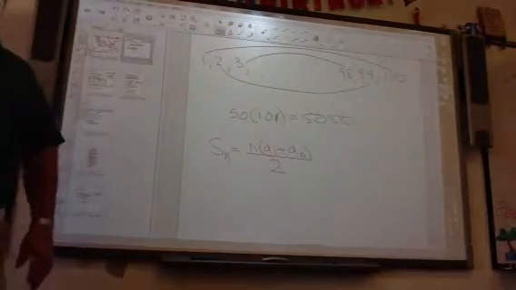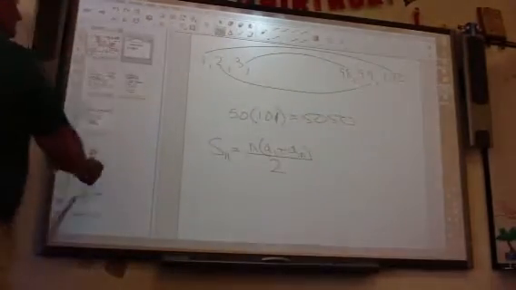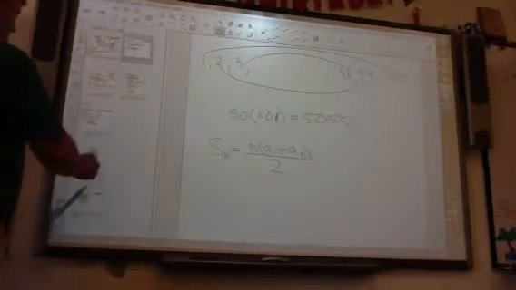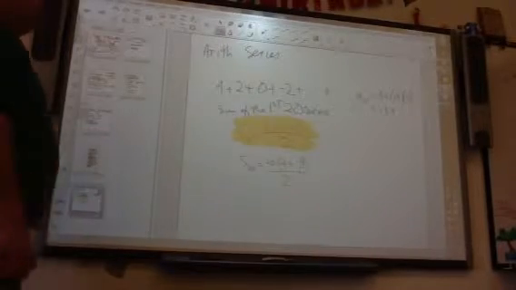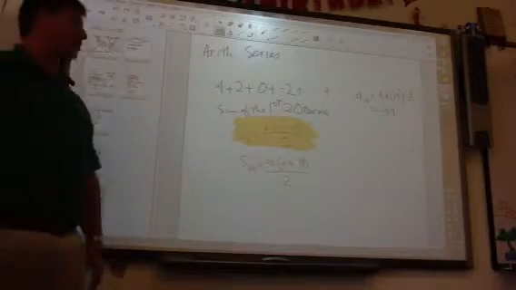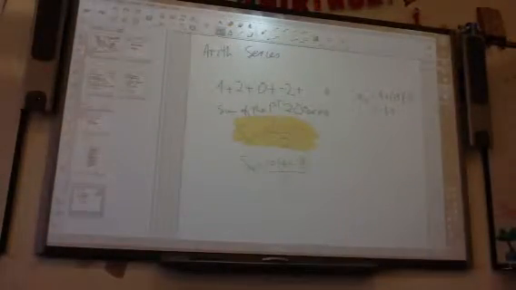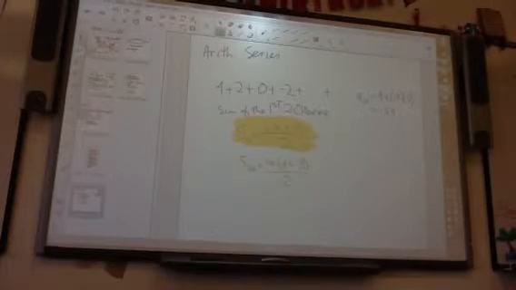Sure. It doesn't matter. The formula still works. So there's your formula: S sub n equals n times a sub 1 plus a sub n, all over 2. Any questions there?